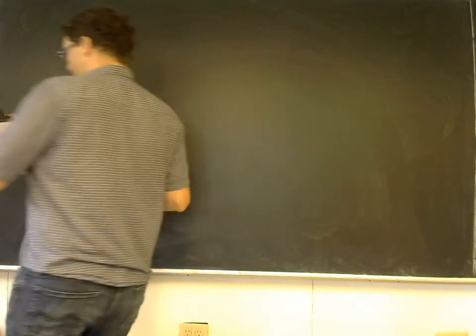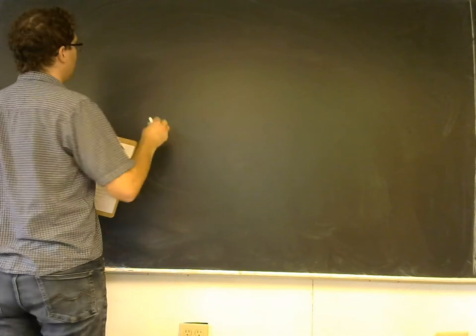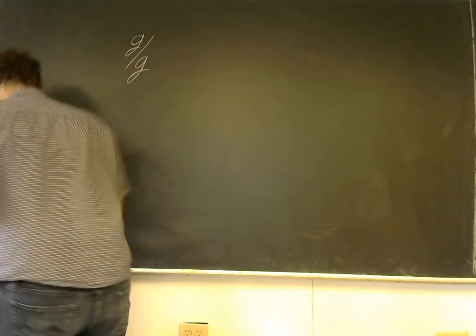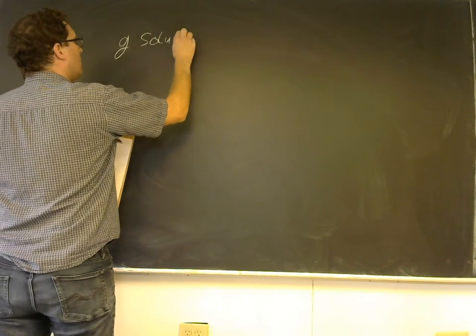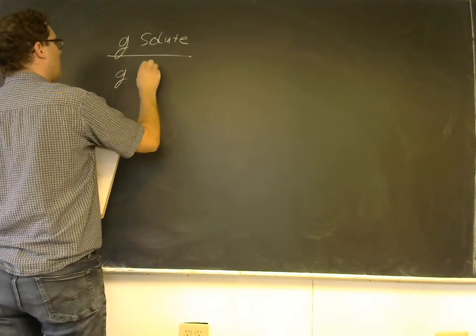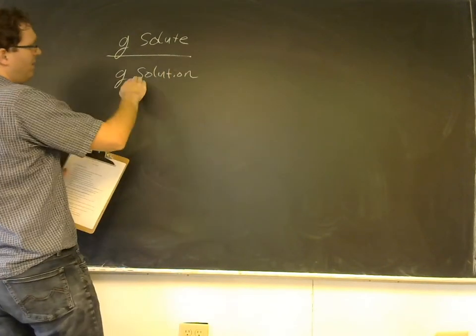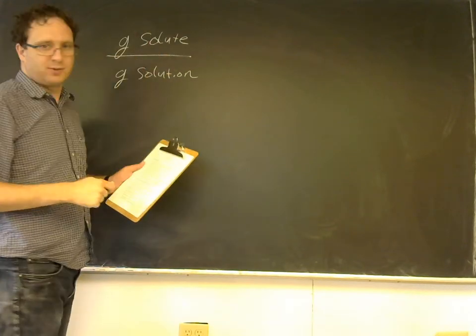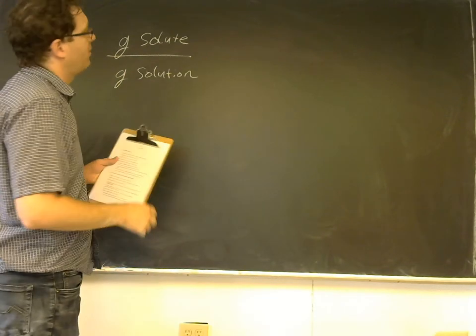So solubility is often given in units of grams per grams, and let me be a little bit more clear. This is grams of solute in grams of solution. So if I have 100 grams of solution, then the solubility would tell me how many grams of solute I can put in that 100 grams of solution.